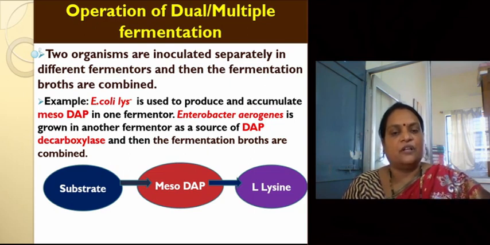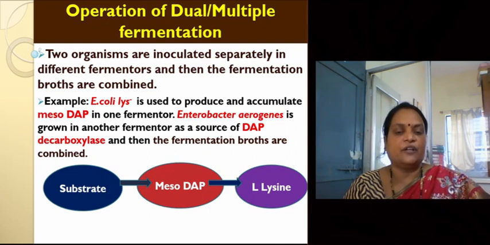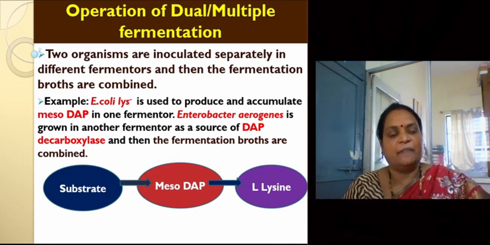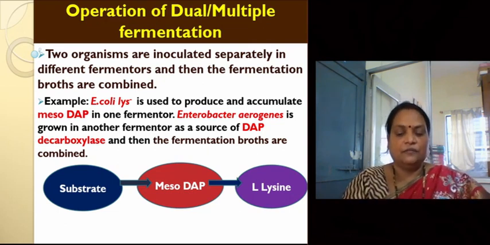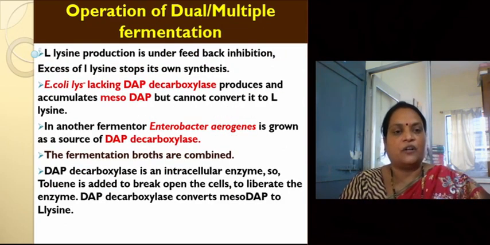Therefore, it is necessary to break open the cells so that the enzyme will come out. For this, toluene is added to the fermentation medium. Toluene will break open the cells. The enzyme DAP decarboxylase will come out and it will convert all the meso-DAP into L-lysine. So, a large quantity of product is produced.